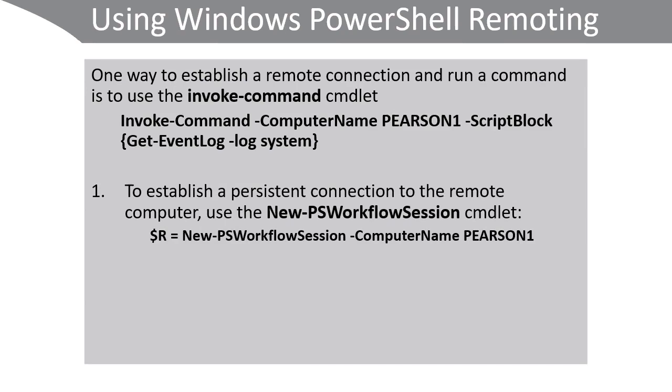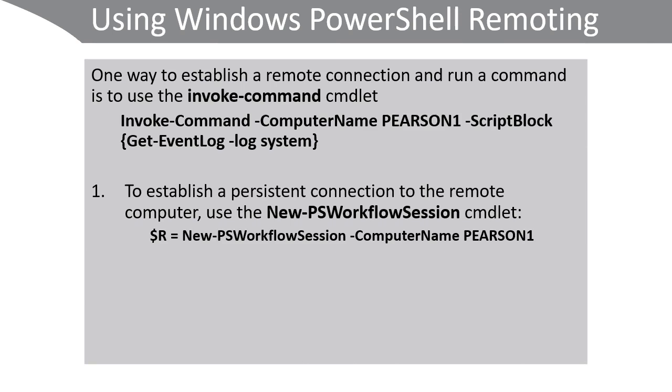If you want to establish a persistent connection to a remote computer because you want to do several things to it, you can use the New-PSWorkflowSession cmdlet. Assign the result of this cmdlet to a variable by using the command you can see here, $R, or whatever you want to call it, equals New-PSWorkflowSession, and then the computer name. And again, it can be several computer names, Pearson1, Pearson2, Pearson3.